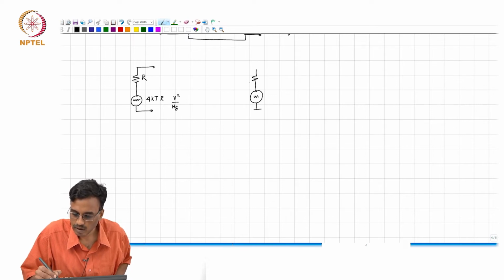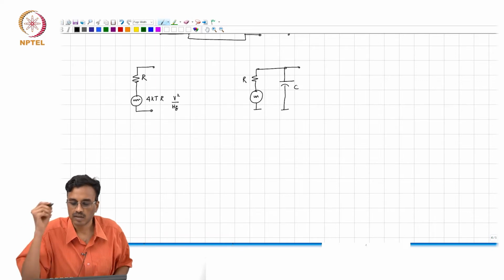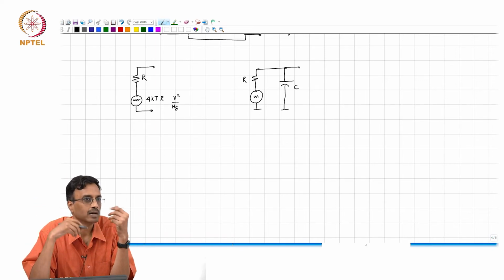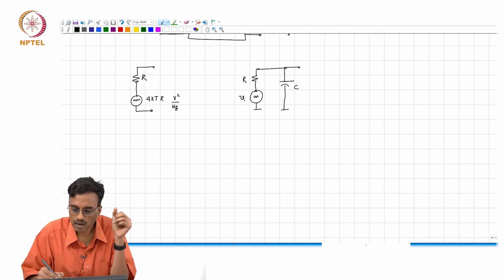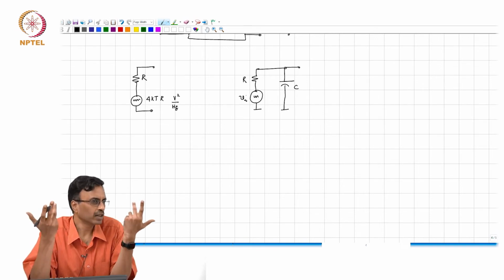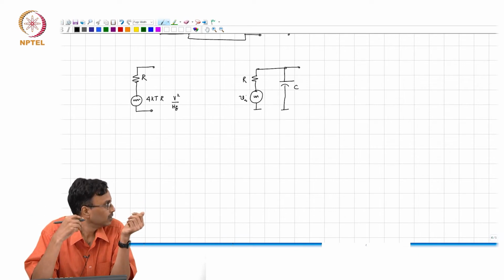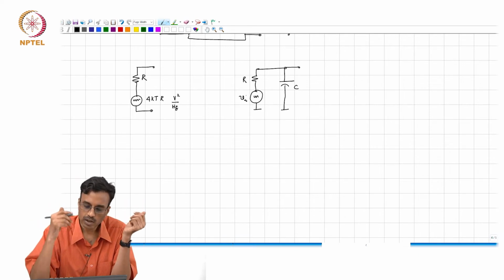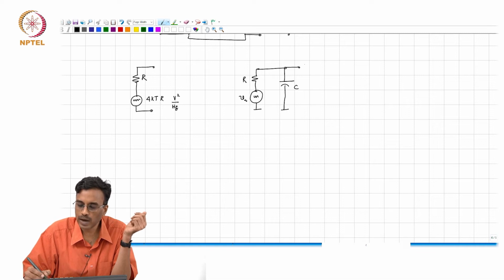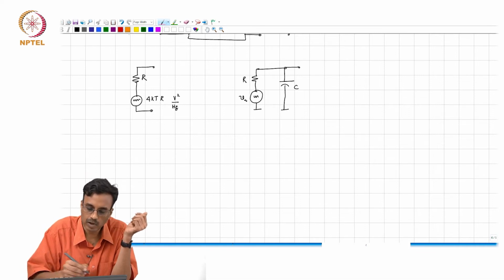So, let us take our first simple circuit. This is a resistor and a capacitor in parallel, right. So, this is Vn, this is a voltage source. Okay, it just happens to be a noise voltage source. So, if this is a voltage source, what comment can you make about the transfer function from the voltage source?